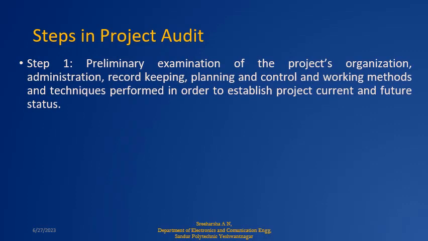Step 1 is preliminary examination of project organization, of administration, of how the record is being kept, what are the records that are being kept, planning, control, what are the working methods, then techniques performed in order to establish project current and the future status. So these are examined in the first step.